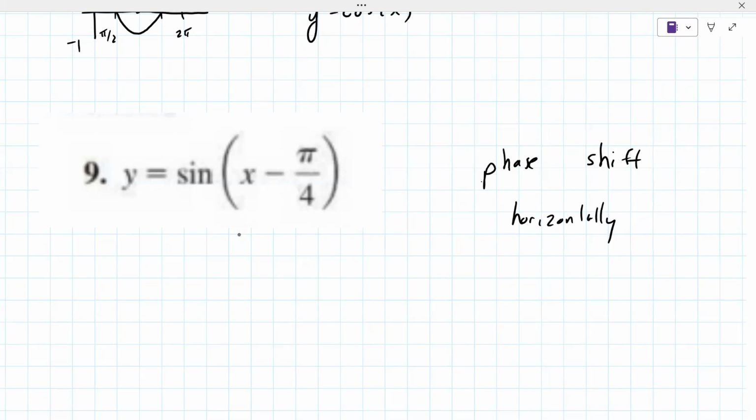So is this right or left? And it's the same as, like, imagine this was like x minus pi over 4 squared. Is that to the right or to the left? It's the same rules. The right? Okay, so right and how much? Pi over 4. Pi over 4.